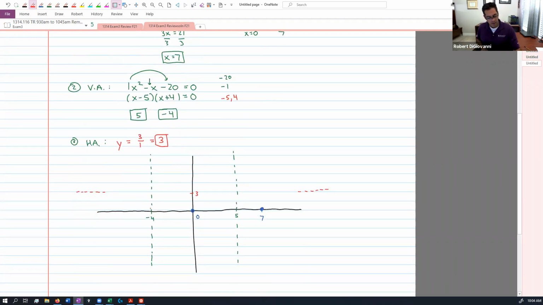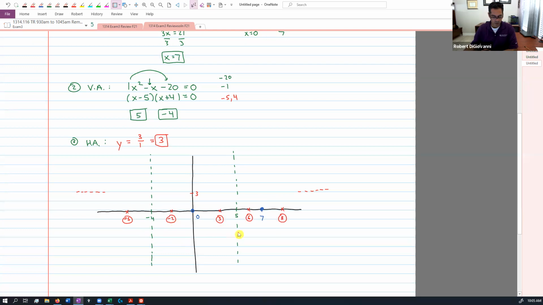So I'm going to pick something to the left of -4, like -5, something between -4 and 0, so like -2, something between 0 and 5, so maybe 3, and then something between 5 and 7, 6, and something to the right of 7, maybe let's say 8.